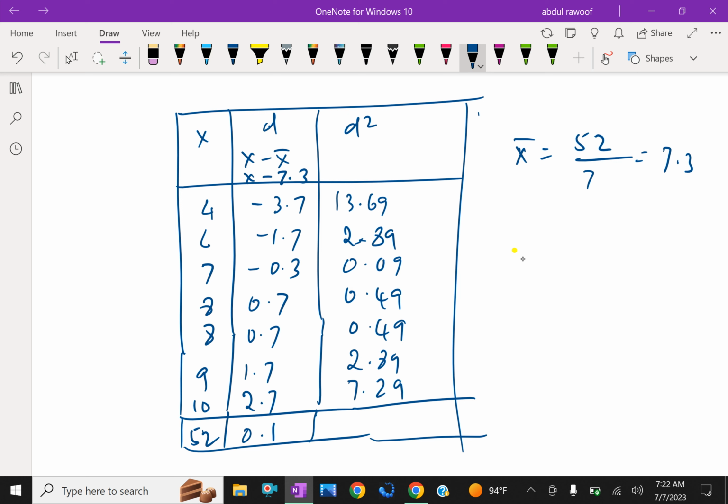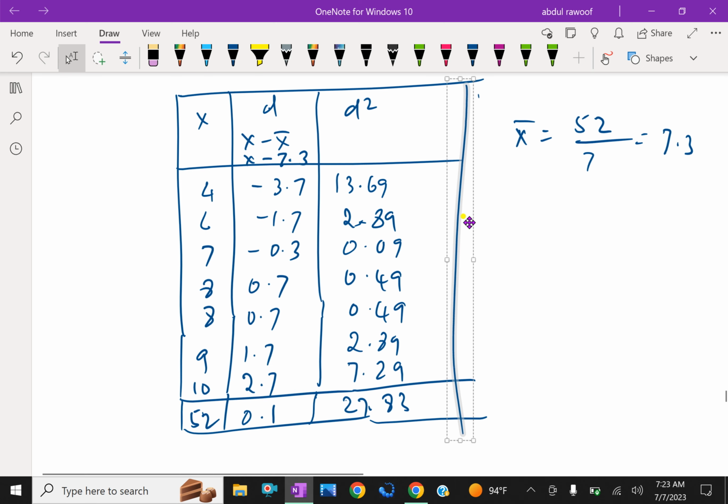We add them: sigma d square is 13.69 plus 2.89 plus 0.09 plus 0.49 plus 0.49 plus 2.89 plus 7.29, which equals 27.83.